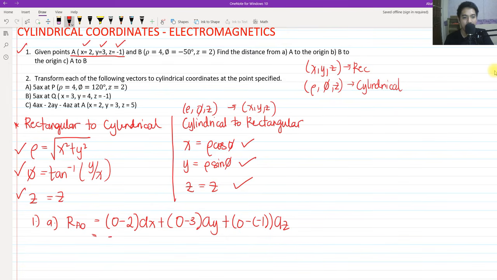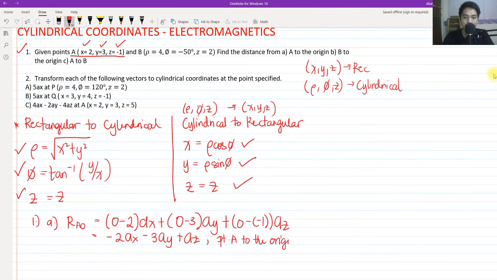So we have -2ax minus 3ay plus az, because negative times negative would be positive. This is the vector from point A to the origin.